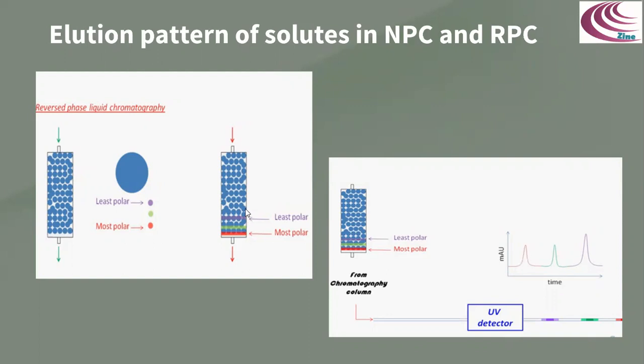And since the stationary phase is non-polar, the solutes with less polarity will be retained on the column for a longer time. So based on the retention time of each solute on this chromatogram, detector response versus time, the most polar, the red portion, comes first, then the intermediate polar, the green portion, and later the blue portion. This is the elution pattern in reverse phase chromatography.